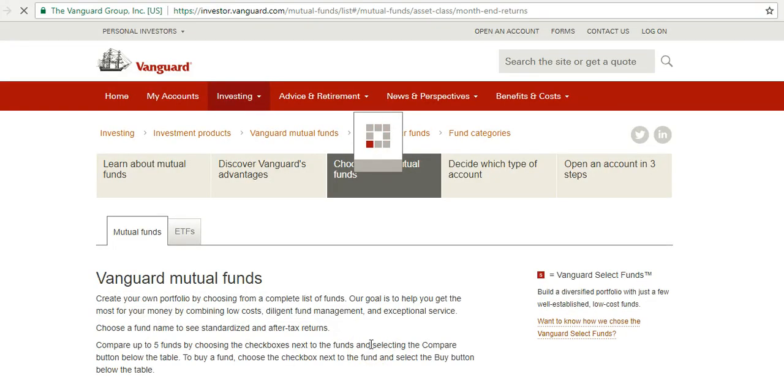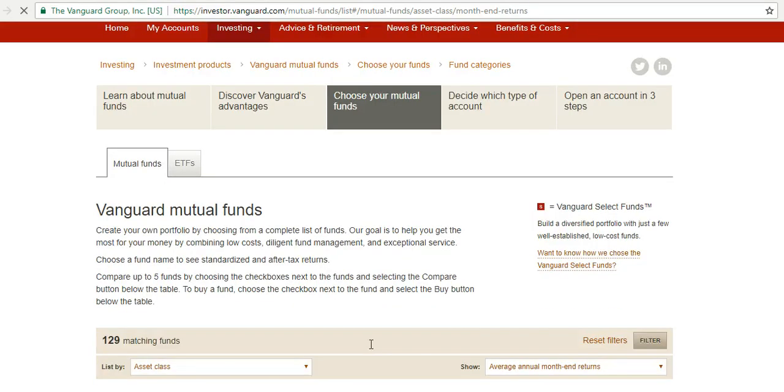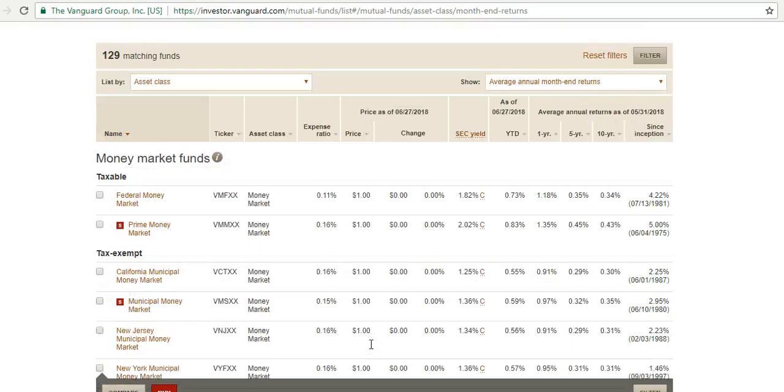And then I'm going to browse Vanguard funds by asset class. The way these are going to be sorted is in risk order. So here are my money market funds. Taxable money market funds, Vanguard has 2. Their 1-year rate of return is 1.18 or 1.35, somewhere in there.